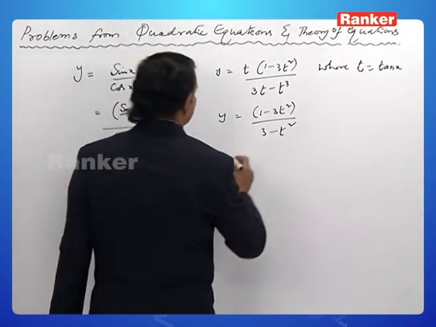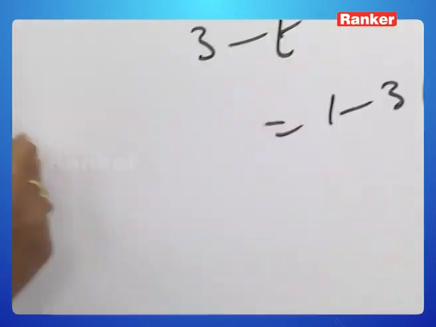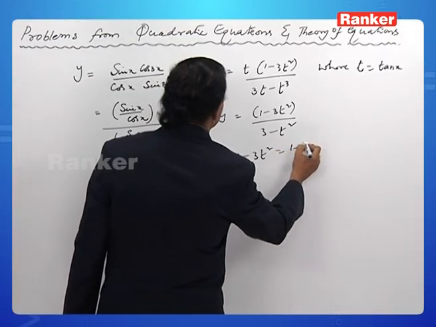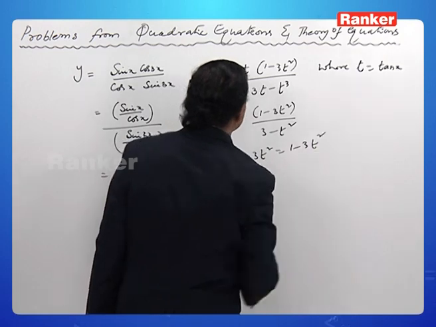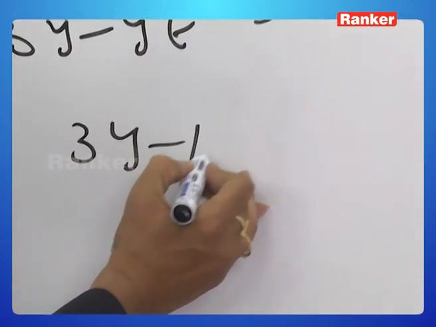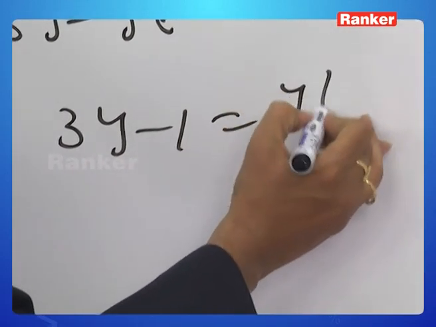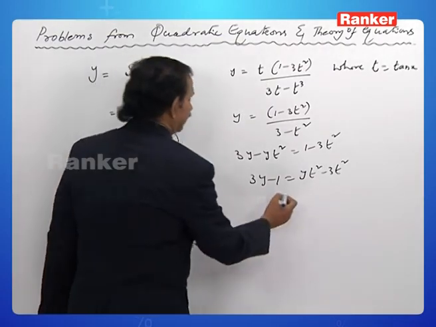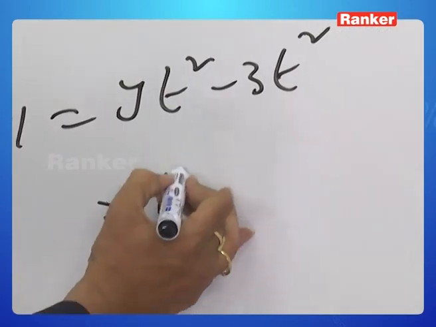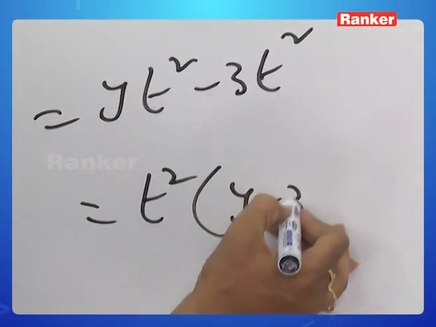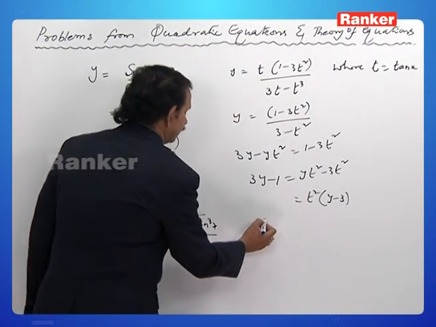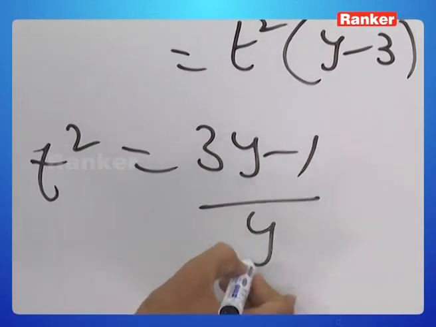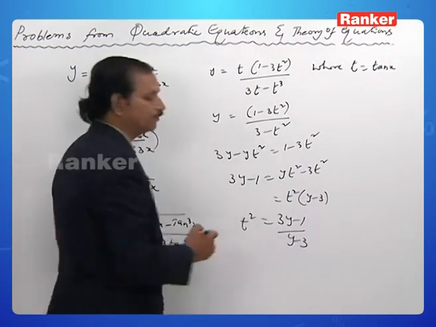Well, let us cross multiply this. 3y minus yt square is equal to 1 minus 3t square. So, 3y minus 1 is equal to yt square minus 3t square. That is t square into y minus 3. Therefore, t square is equal to 3y minus 1 by y minus 3.